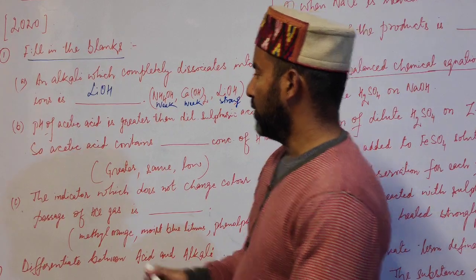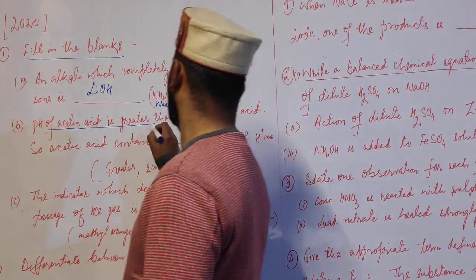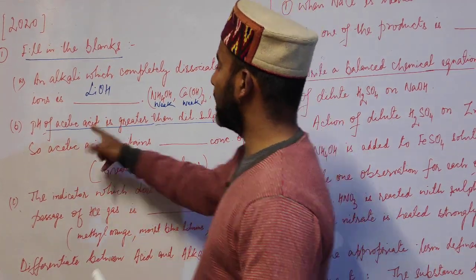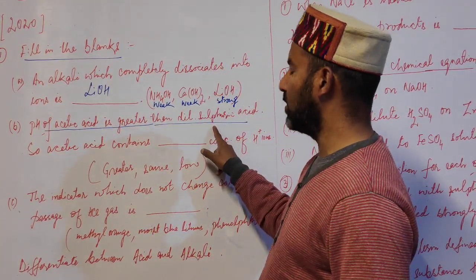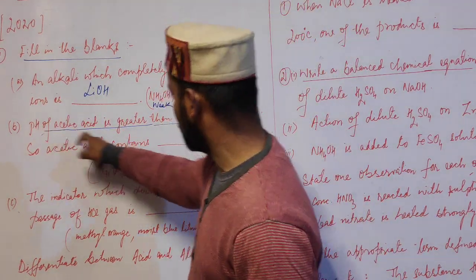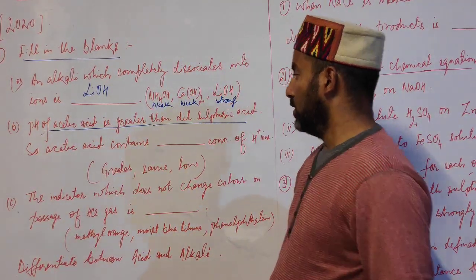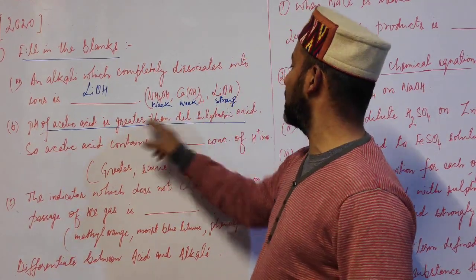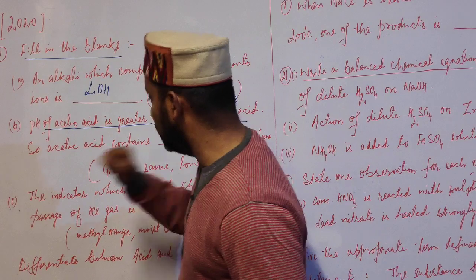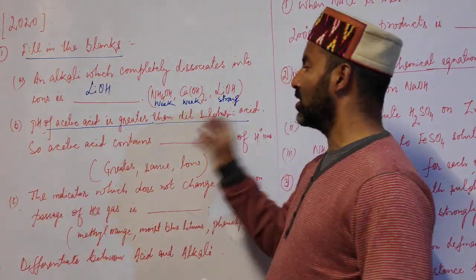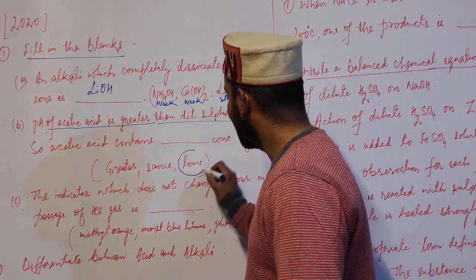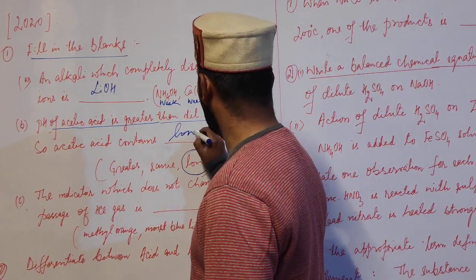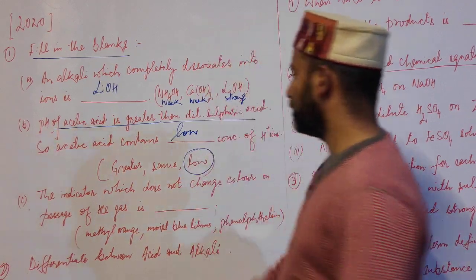Now students, pH of acetic acid is greater than dilute sulfuric acid, which means acetic acid is a weaker acid than dilute sulfuric acid, because its pH is higher, and since the pH of acetic acid is greater, it is less acidic than sulfuric acid. So students, acetic acid therefore contains what? Low concentration, as it is less acidic. So the correct choice is low.